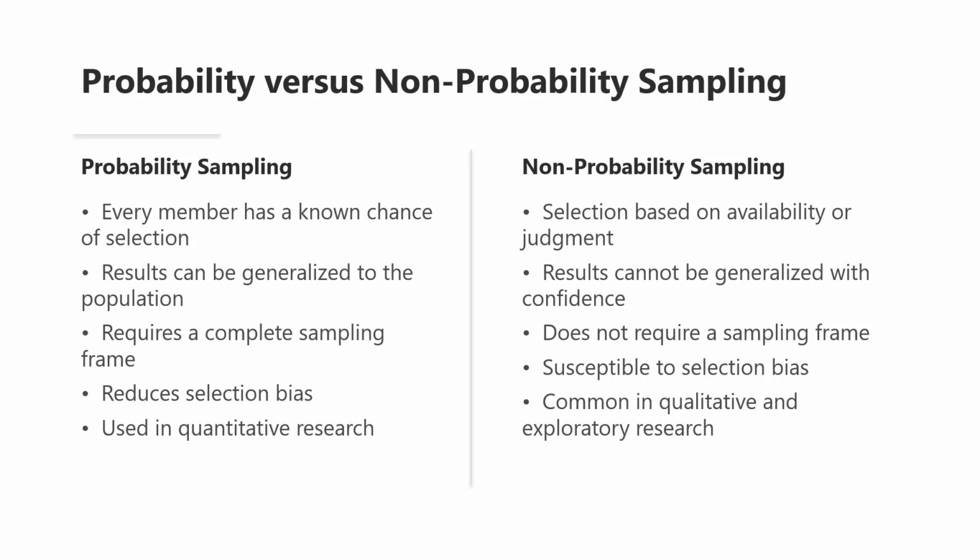However, because selection is not random, the sample may not be representative of the population, and findings cannot be generalized with the same level of confidence. Non-probability sampling is common in qualitative research, pilot studies, and exploratory research where the goal is to gain in-depth understanding rather than statistical generalizability.